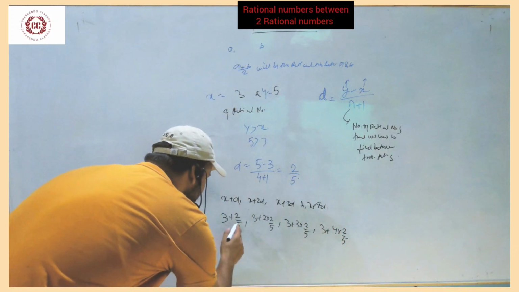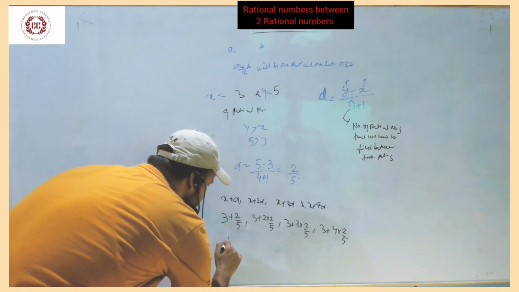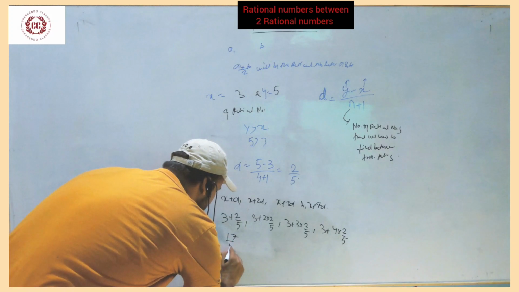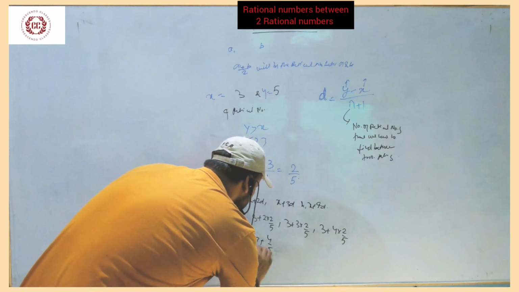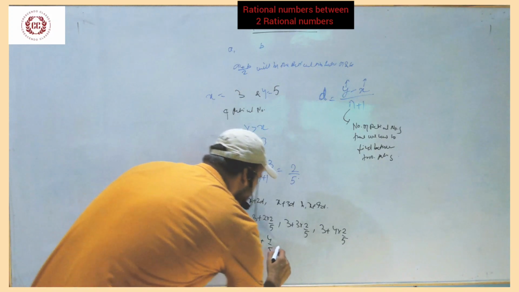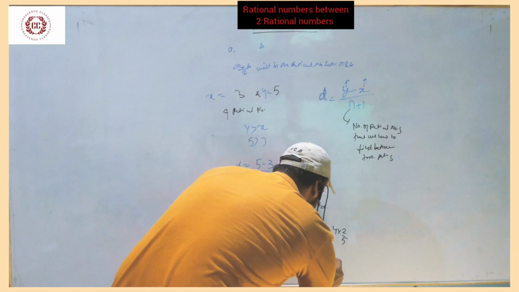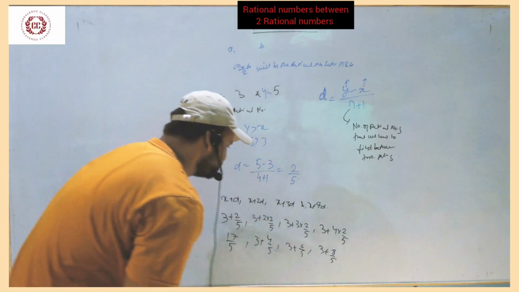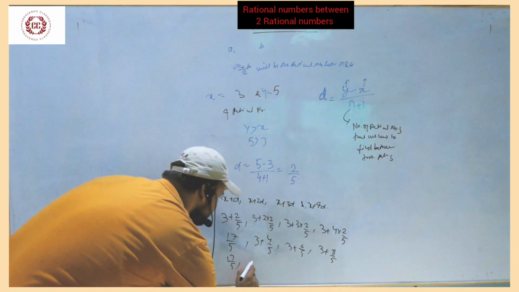So this will become 3 plus 2 upon 5, 3 plus 4 upon 5, 3 plus 6 upon 5, 3 plus 8 upon 5. Five 3s are 15, plus 2 is 17 upon 5.